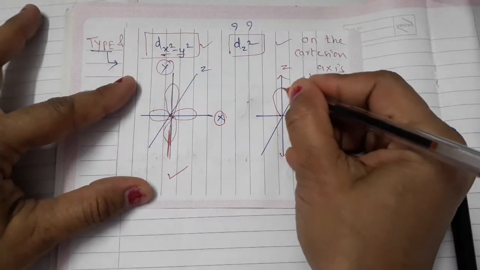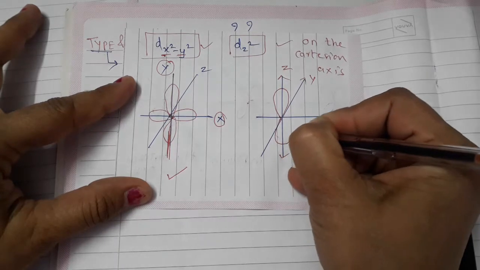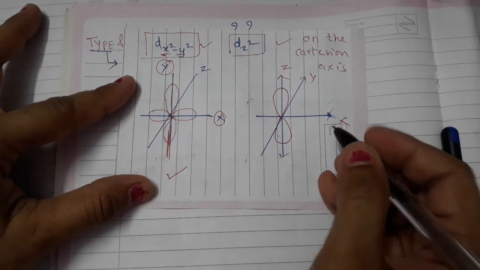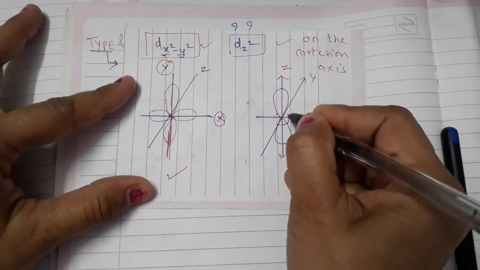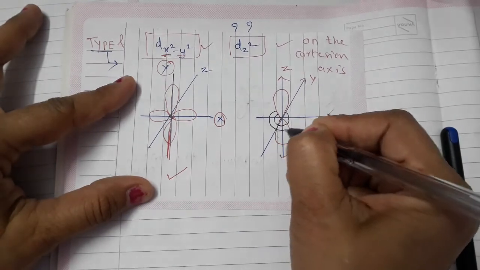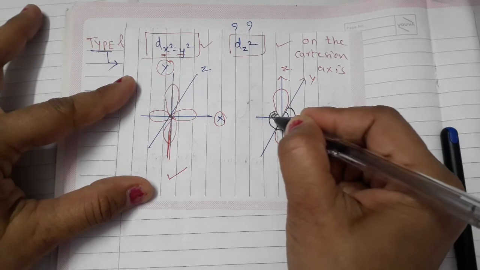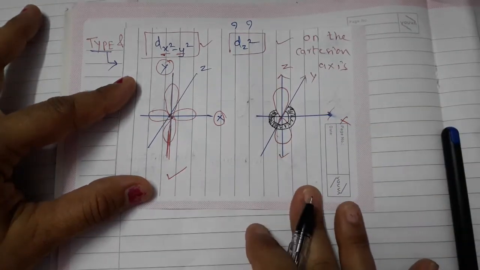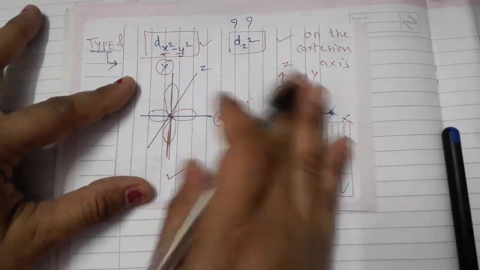It is dz square is having this shape, and the special condition for dz square, what you have to remember is electrons are present in this ring which is present around. In this region the electrons are present. Okay, so 5 orbitals of d.